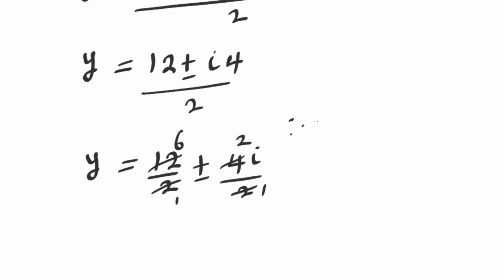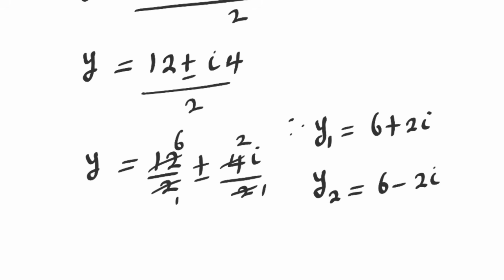Therefore, y1 is equal to 6 plus 2i, and then y2 is equal to 6 minus 2i.